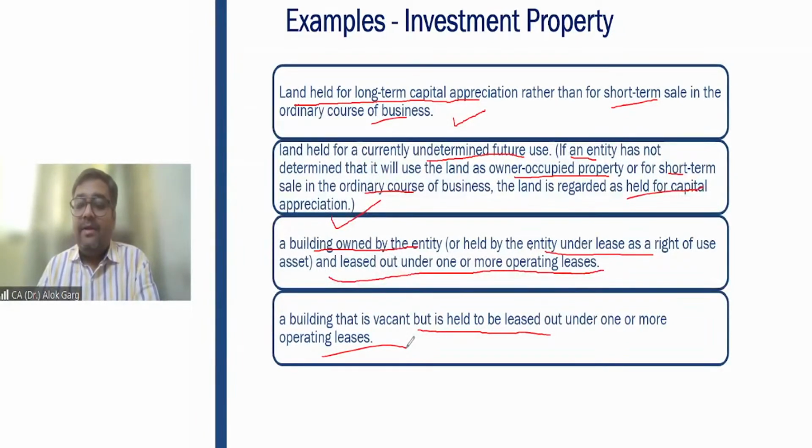But the intent of that owner is to earn money by way of rental. It is just that the situation was such that work from home had started, and people were working remotely from their places, and that is why those buildings were lying vacant, but they are held to be rented out on a lease basis. So this is an investment property.